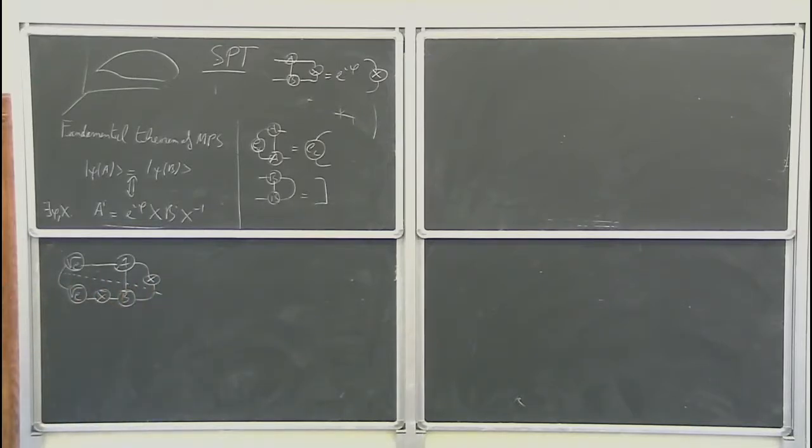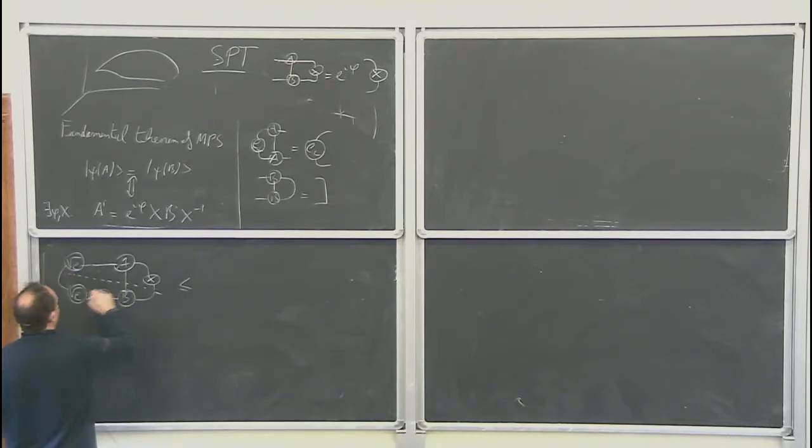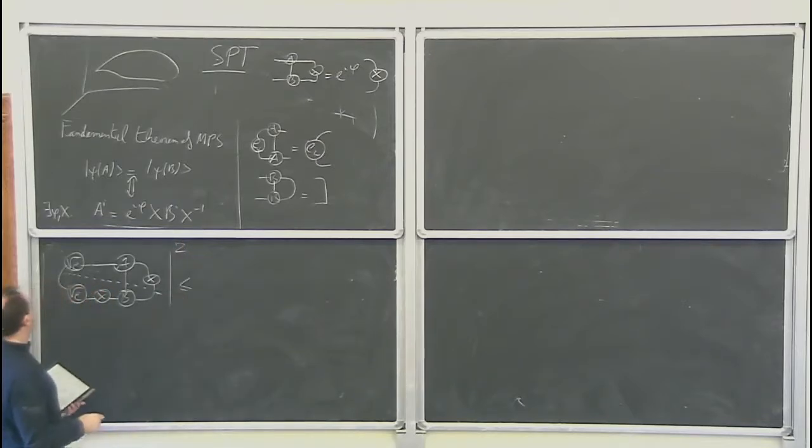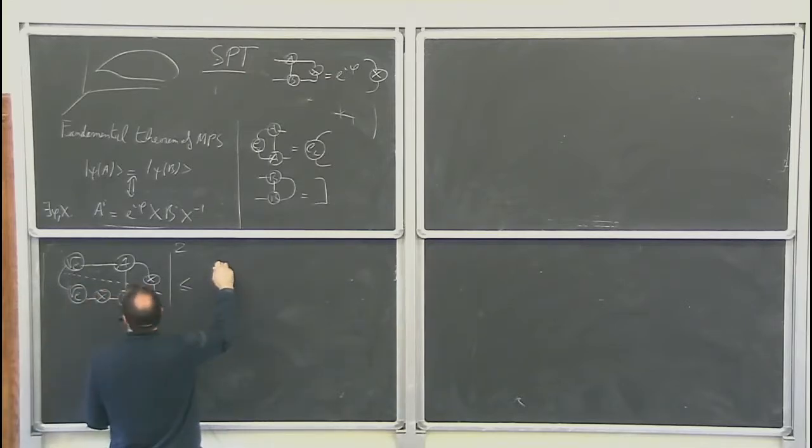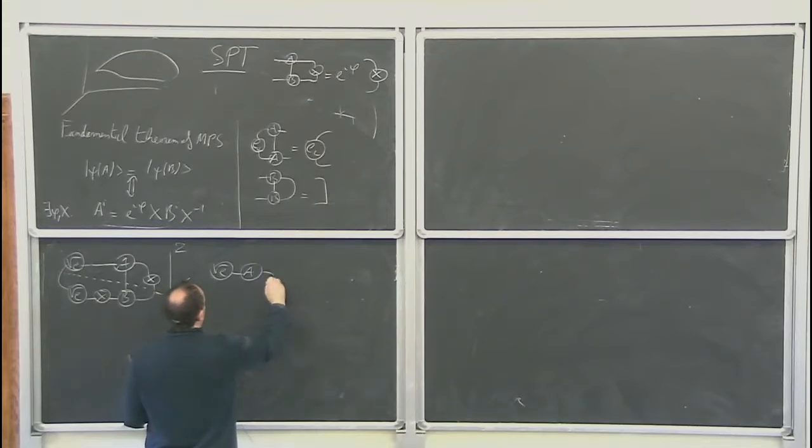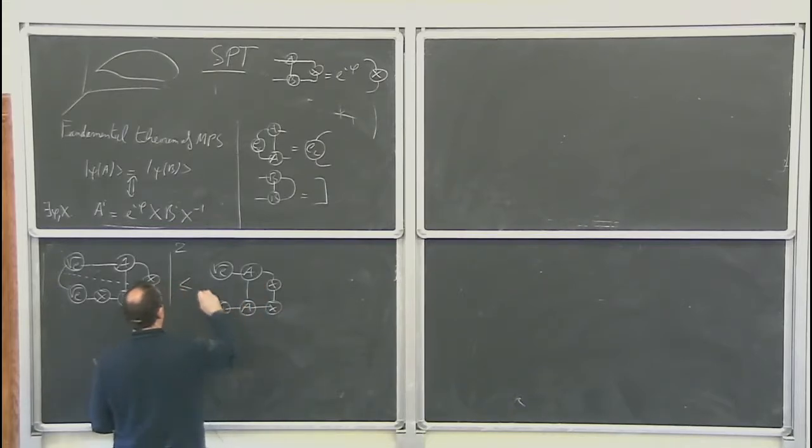Okay, so that means I can use Cauchy-Schwarz. So the absolute value of that thing squared has to be smaller than that kind of thing. So this means square root of rho A x bar A bar square root of rho.